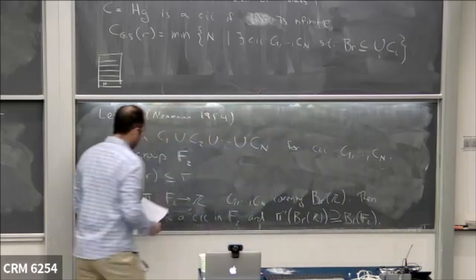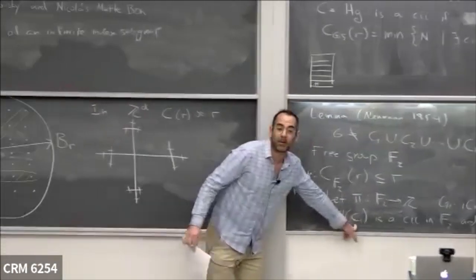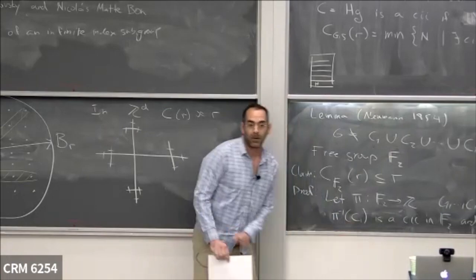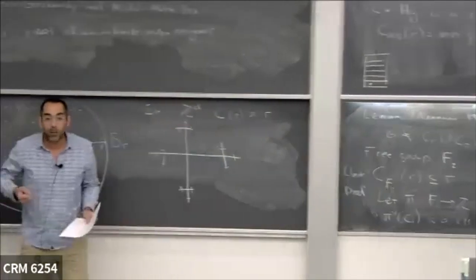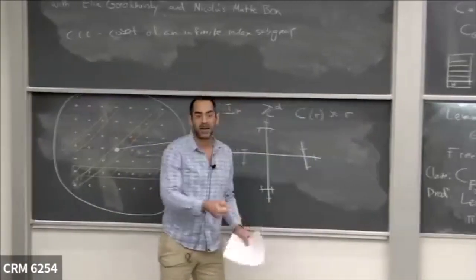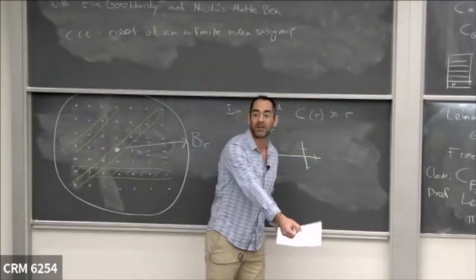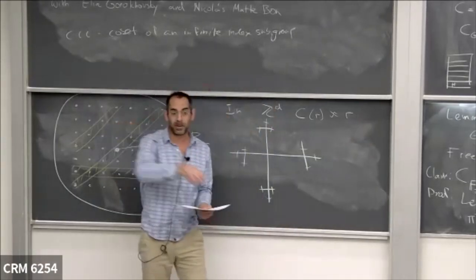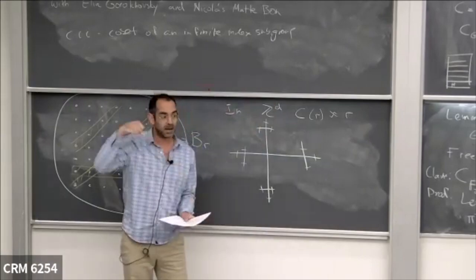So we're done. We're just going to cover it with these things. Okay, so more generally, whenever I have a quotient to something, if I can cover that quotient with some number of cosets, I can cover the original group with that number of cosets.